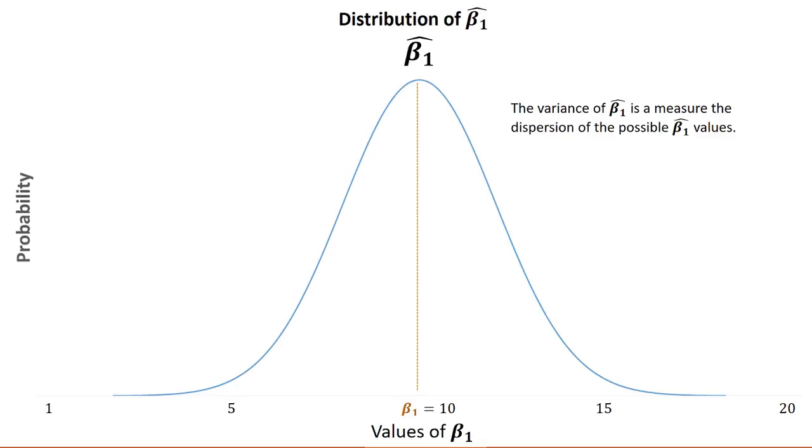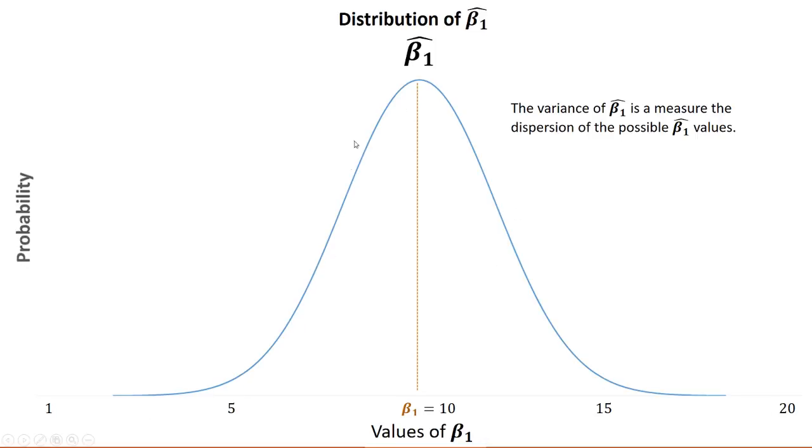There's going to be some distribution of beta 1 hat. Every time you have a sample of data and you run the same regression model, you will get a different value of beta 1 hat.